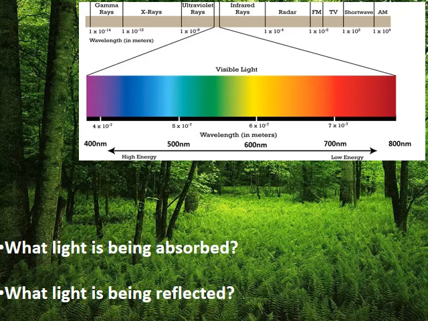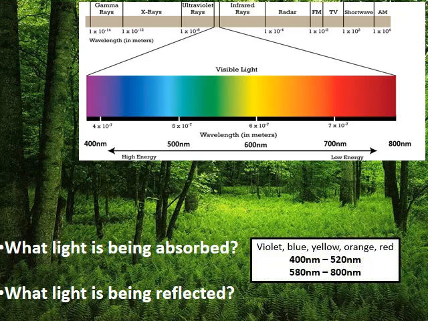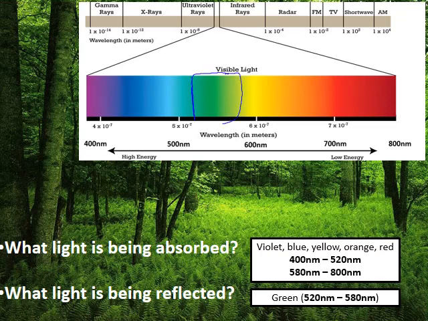So the violet, blue, indigo, yellow, orange, and red parts of the spectrum are being absorbed by photosynthetic pigments, whereas the green light is being reflected. So these are the nanometers that we could jot down. So the green part of the visible spectrum is between about 520 nanometers, so about here, and about 580. So this is the light that's being reflected by chlorophyll A, which is the primary photosynthetic pigment that we find in the photosystems in the thylakoid membrane.